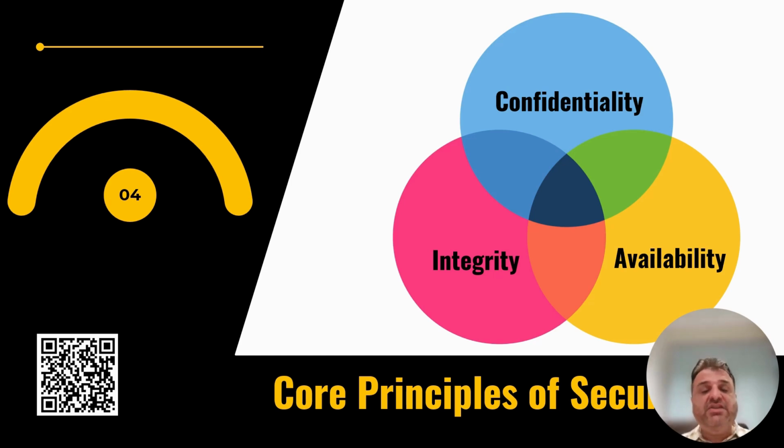The second one is integrity. Integrity ensures that information is accurate, consistent, and not tampered with. The key concepts that help us with integrity are hashing, checksums, and digital signatures.